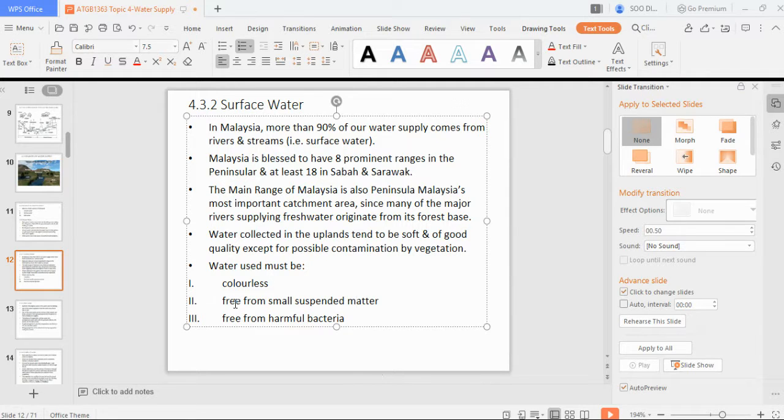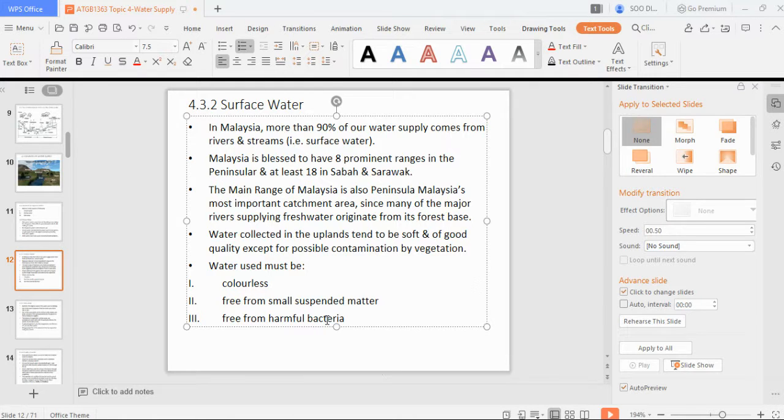Having your water filled with this is a no-no lah. And then finally, it needs to be free from harmful bacteria, because even though the water we use is for the toilet or for showers, we will also filter it to use for our drinking water.